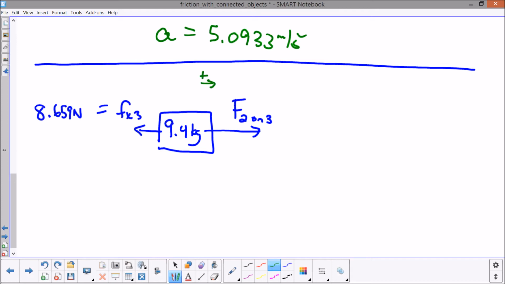Again, setting this up so that the right is the positive x direction. We have that the net force on just this box is the force of 2 on 3 plus negative 8.659 newtons.